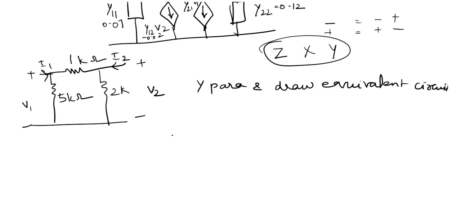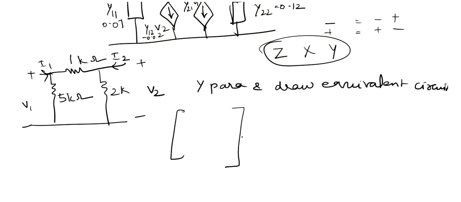Write the three mesh equations, mesh 1, mesh 2, mesh 3. You have only two options: you can make either V1 equal to 0 and find those matrix values, or make V2 equal to 0 and find the two equations. With the help of that you finally get the matrix.